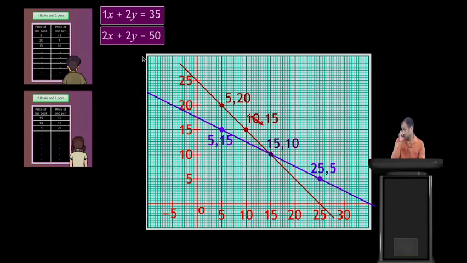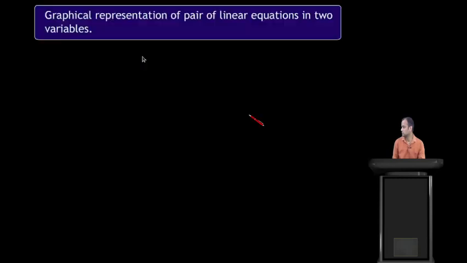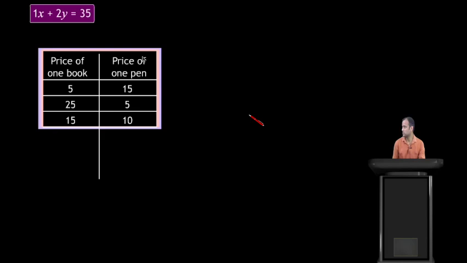And this is the graph. Okay, now we will draw the graphical representation of these two equations. First one, 1x plus 2y equals 35. So these are the points.